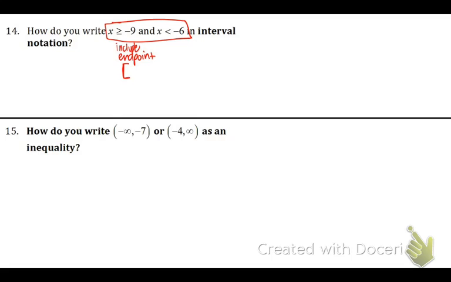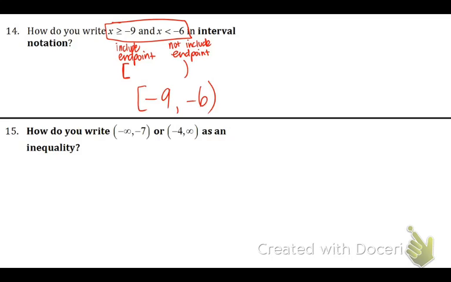And for the less than symbol, we are not going to include the endpoint, and that means we're using parentheses. So we take the -9, we take the -6, we put a bracket, and we put a parenthesis and call it done. That's a nice quick one.